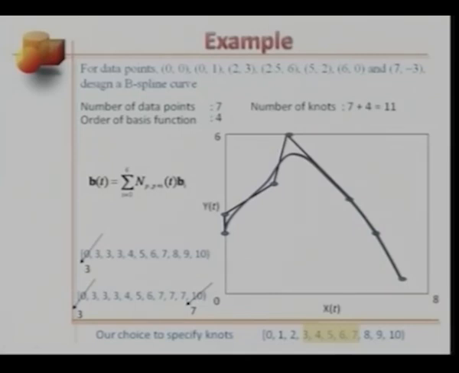We do not see any change in the shape of the curve. It passes through the first point, ends at the last point, and it happens to be the same as the one in the previous case.